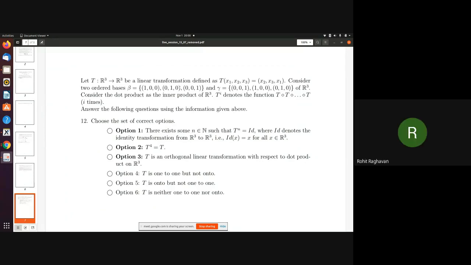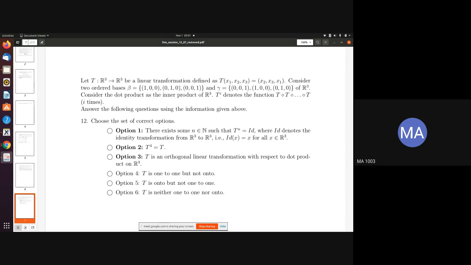In both the cases, it would be orthogonal, because the order is only different. Both are the standard basis. Correct. So both of those bases are basically an orthonormal basis, so the matrix representation with respect to both will be an orthogonal matrix.